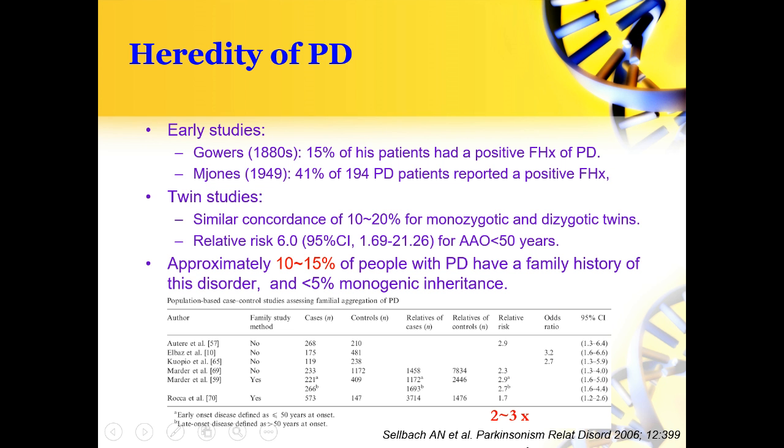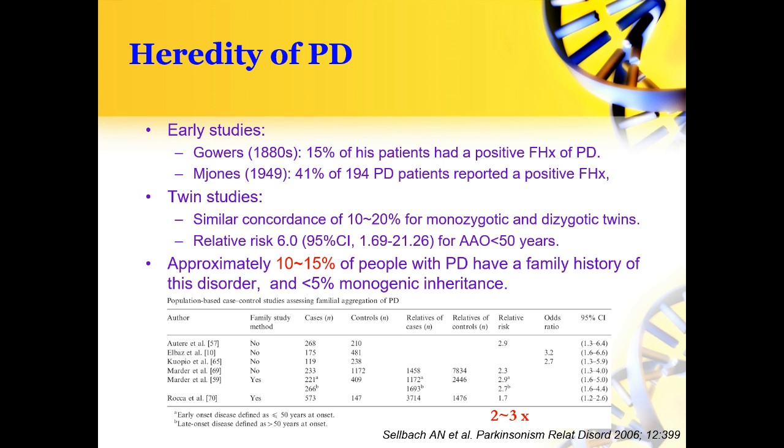Approximately 10 to 15% of people with PD have a family history of this disorder, and less than 5% have monogenetic inheritance. The early study of heredity of PD was by Gowers in 1880. 15% of his patients had a positive family history of PD.